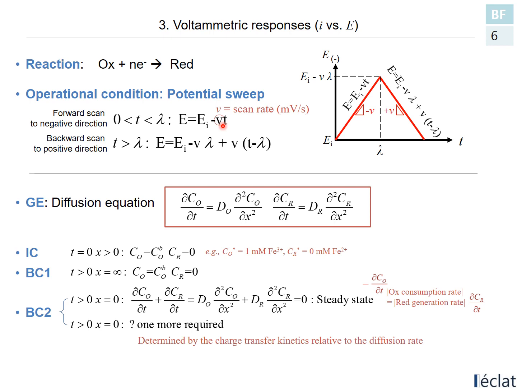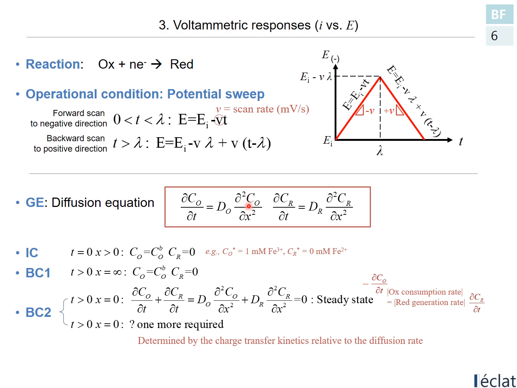Then let's go to the governing equation, or partial differential equation, to describe our system. Of course, the governing equation is the diffusion equation based on Fick's second law. dC/dt for the oxidized species is equal to the product of diffusivity with the second derivative of the concentration of oxidized species.